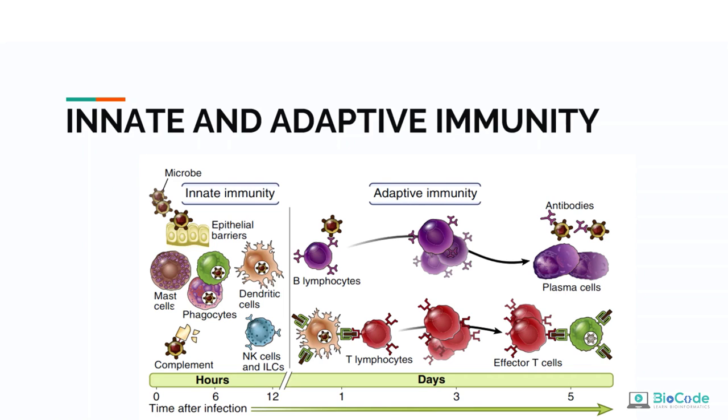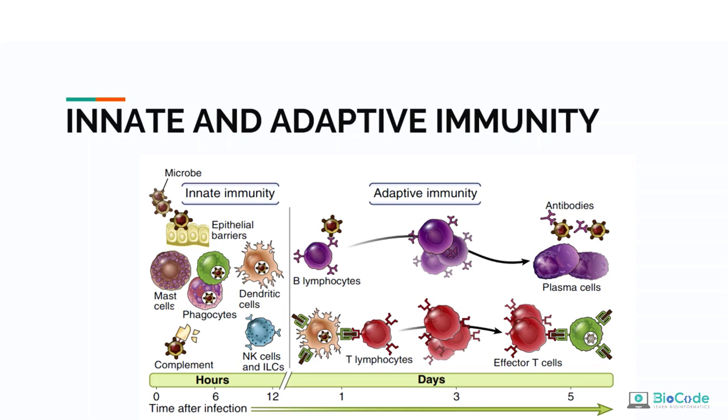Here in this diagram you can see the innate and adaptive immunity and the different cells that play their roles in these immunities. If you look at the left side, the innate immunity, the epithelial barrier, dendritic cells, phagocytes, mast cells, natural killer cells, and the complement proteins all work together to prevent microbes from entering into the body.